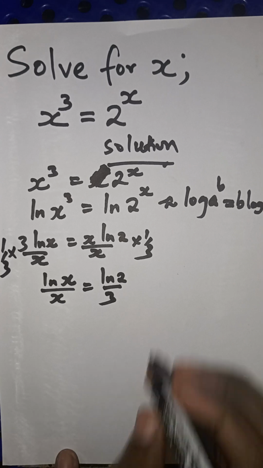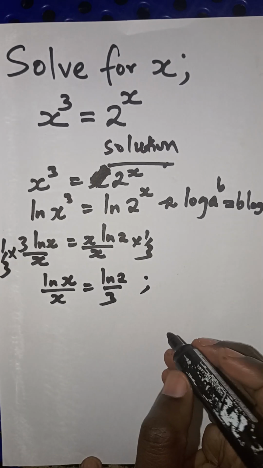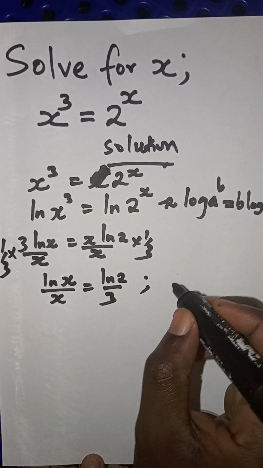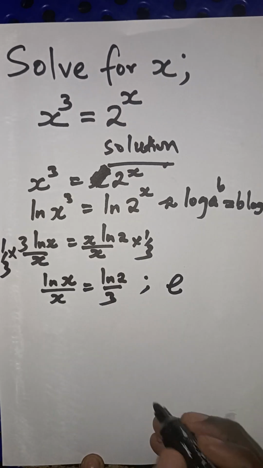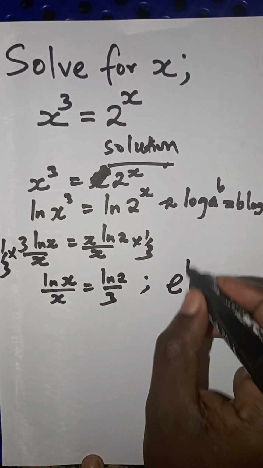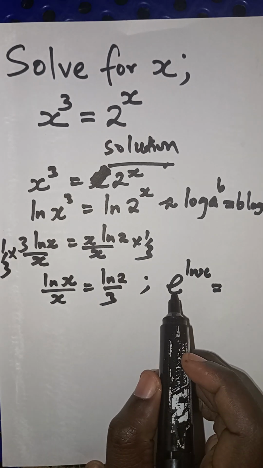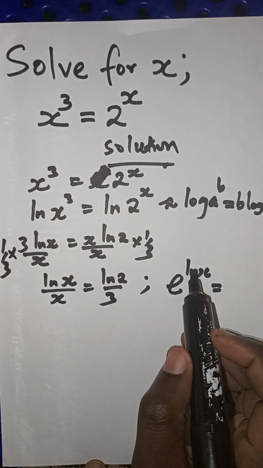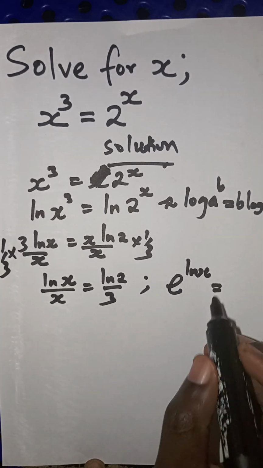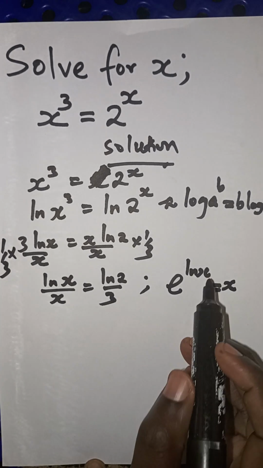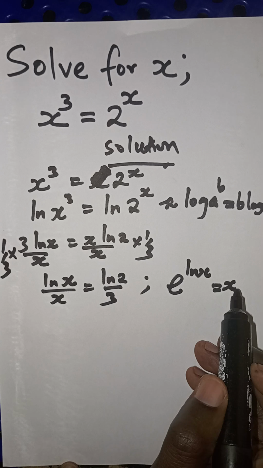So guys, at this point, I'm going to use the relationship that whenever you take the exponential of a natural log of a certain value, then it goes without saying that the answer just becomes the value of x.